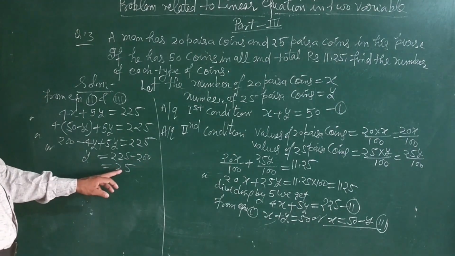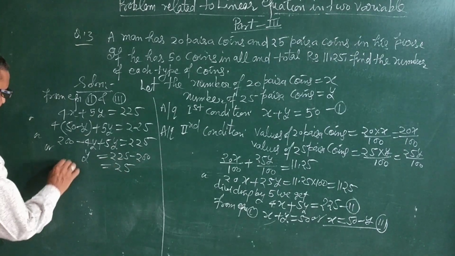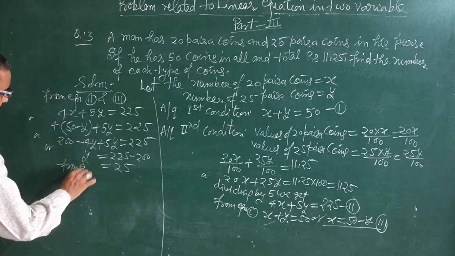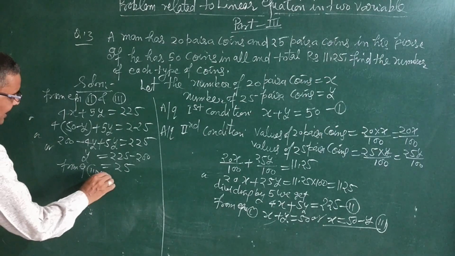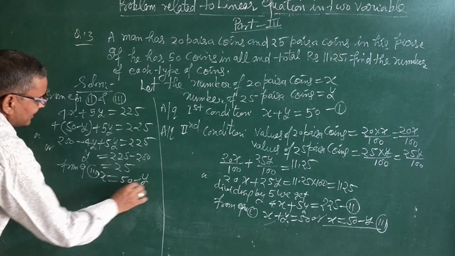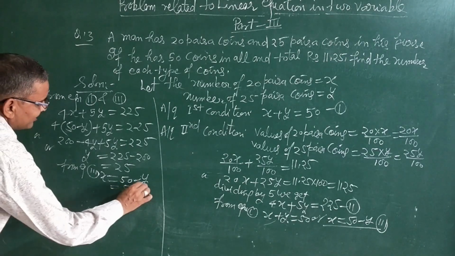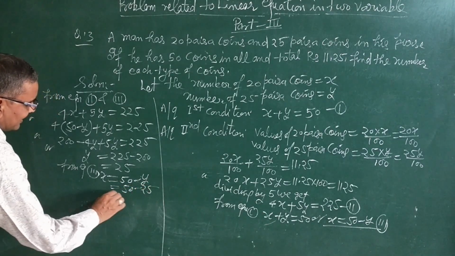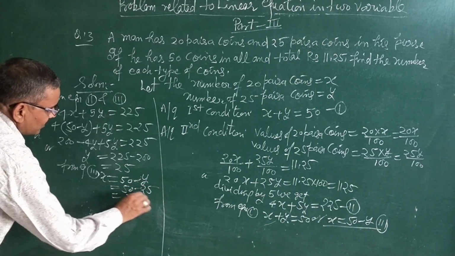Now putting the value of y in equation third, x is equal to 50 minus y, that is 50 minus 25, and that is equal to 25.